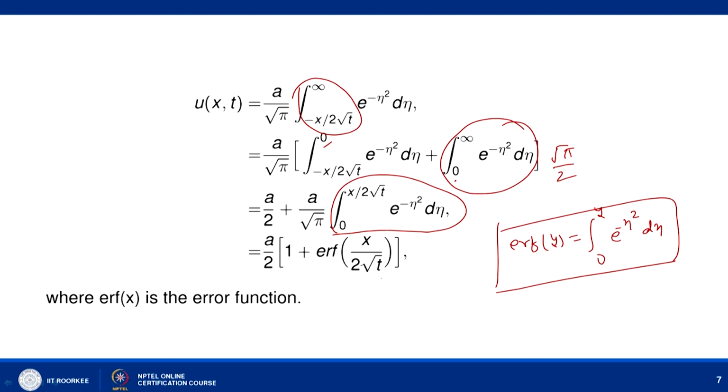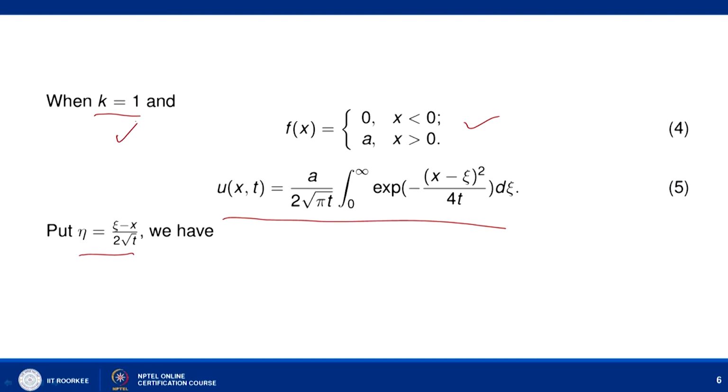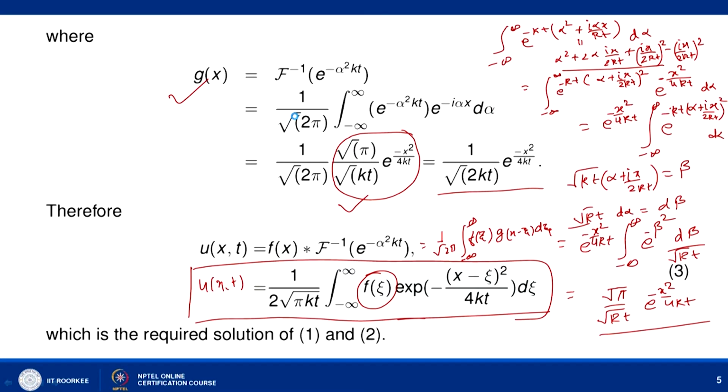So, this is a very particular case when we assume that k is equal to 1 and f of x takes this value. But in general, if f is given some value, then our solution u of x, t is written as 1 upon 2 root pi kt integral from minus infinity to infinity f of xi exponential of minus x minus xi whole square upon 4 kt d xi. So, this is the solution.